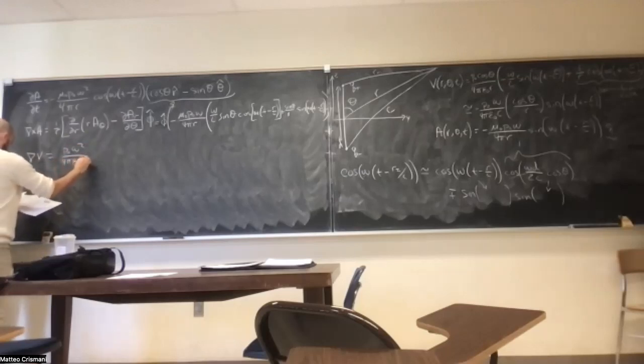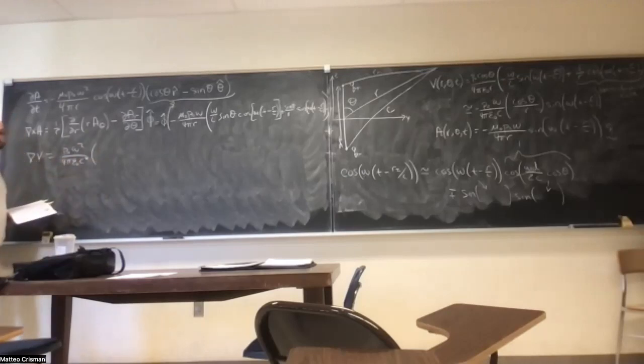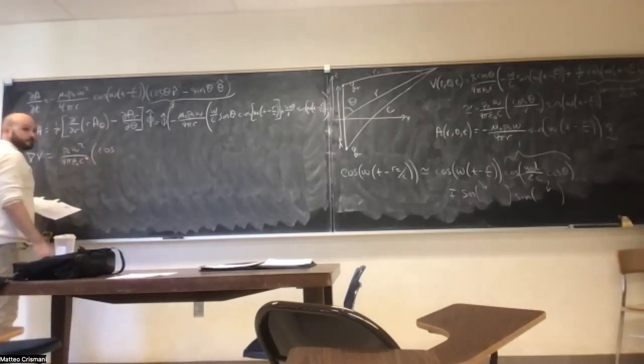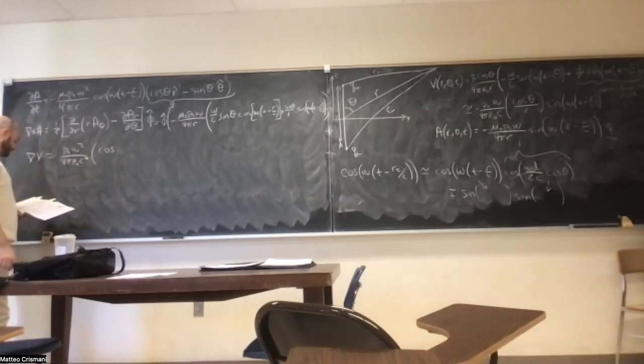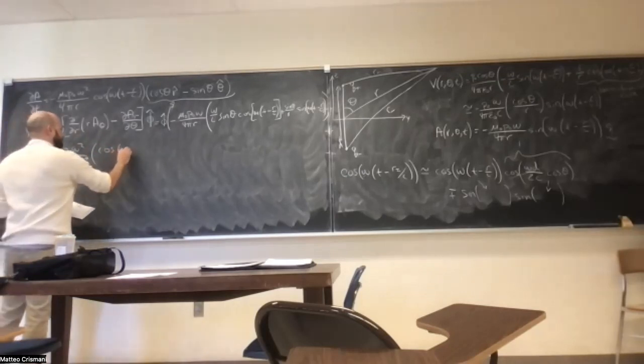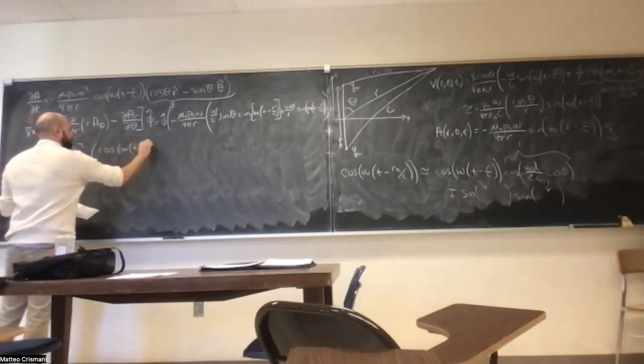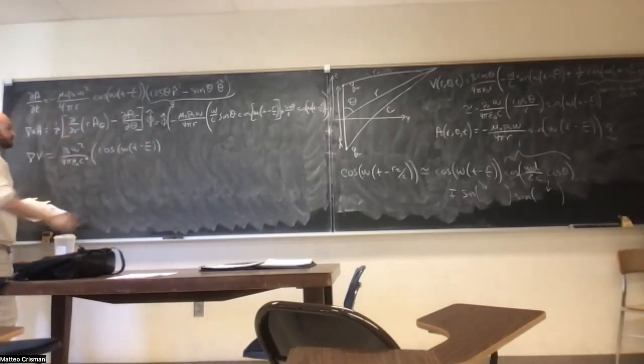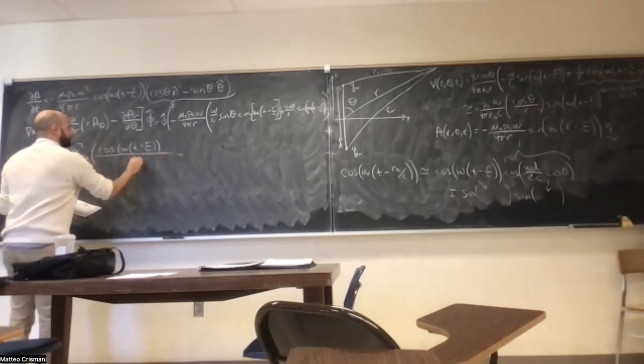You can factor out what you got, it's fine. And then cosine of omega times the quantity t minus r over c, and then over R.